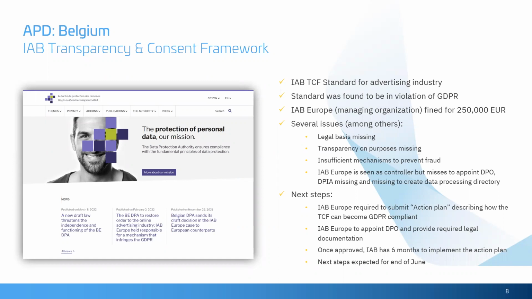There are several conclusions. One conclusion is that the IAB will need to pay some money, 250,000. I think that's roughly 4% of the annual turnover. So it's kind of the maximum, so to say, what you can pay.